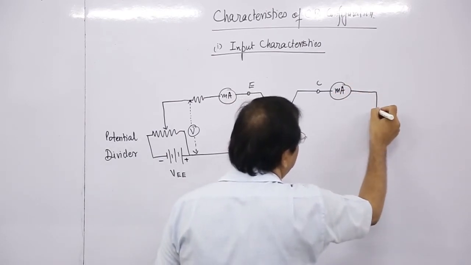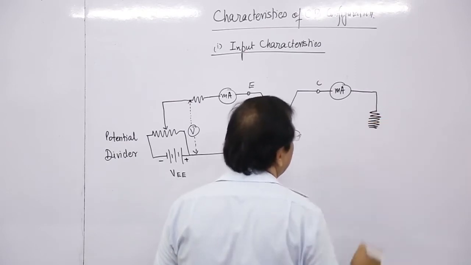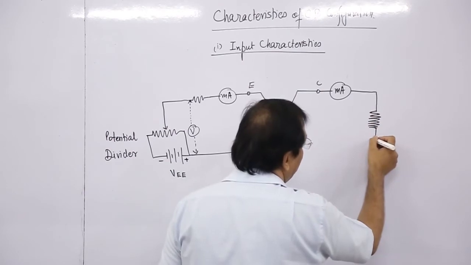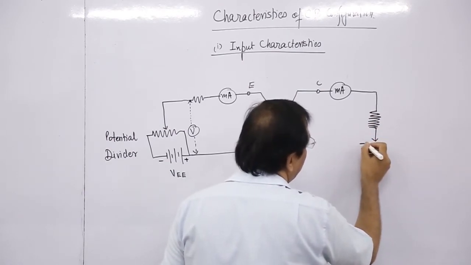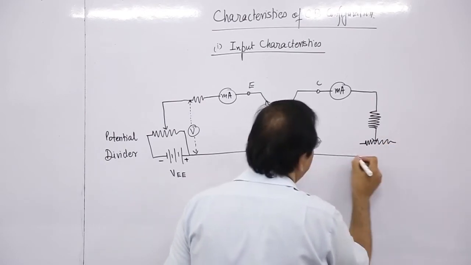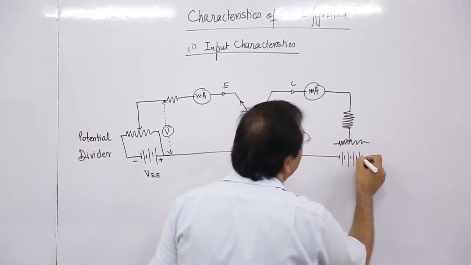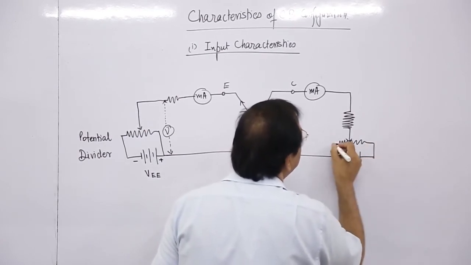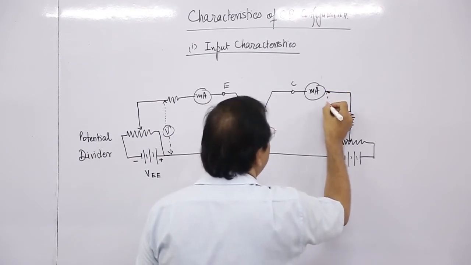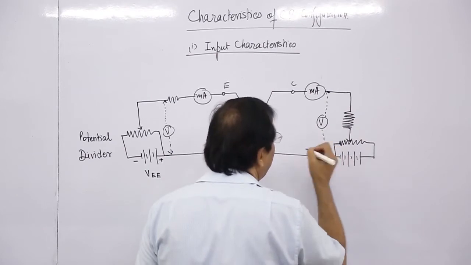where we can have the resistance, and then we can vary the voltage with this potential divider. And this part is again the voltmeter in parallel.